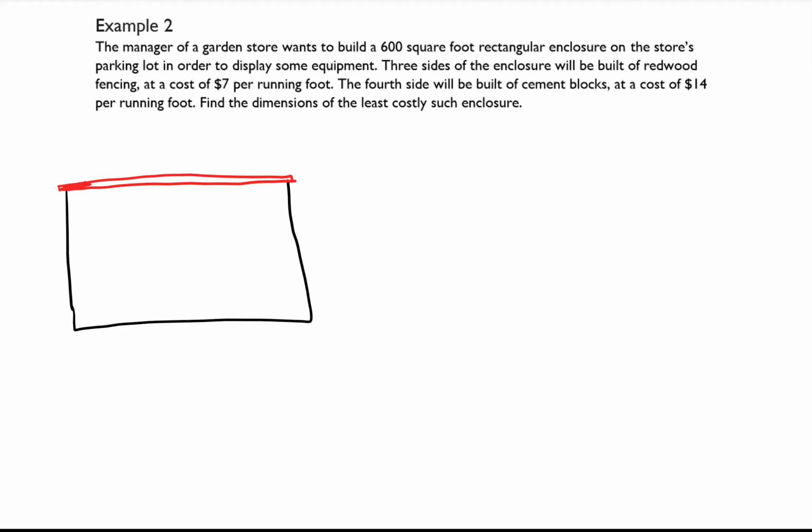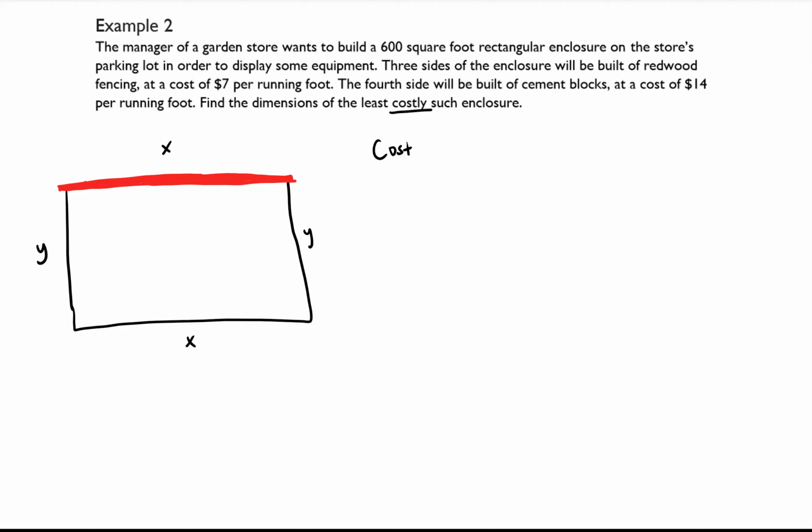So the red here is supposed to represent the cement blocks. And I'm going to label these, so I'll call this Y, and I'll call this X, and this X as well. And we are trying to minimize the cost, and so we need a cost function.